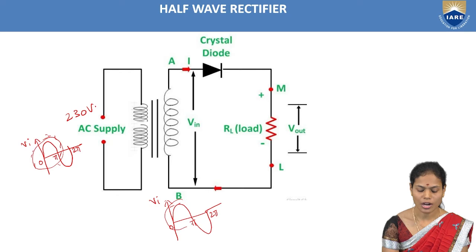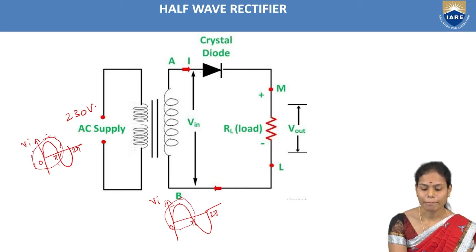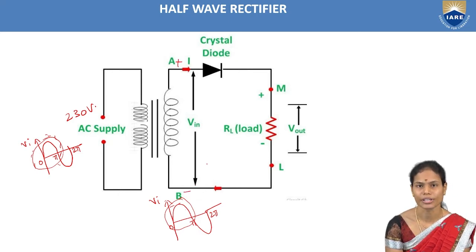So this positive half cycle across the secondary of the transformer is applied to the diode here. Once we take the positive half cycle, across A we will get the positive and across B we will get the negative voltage.